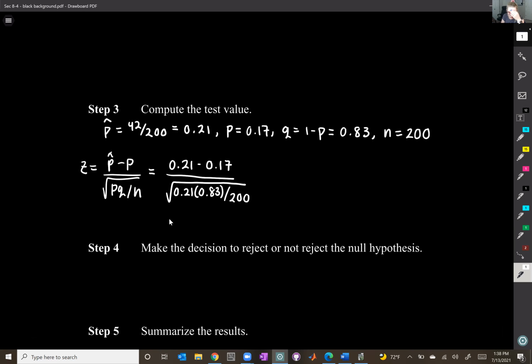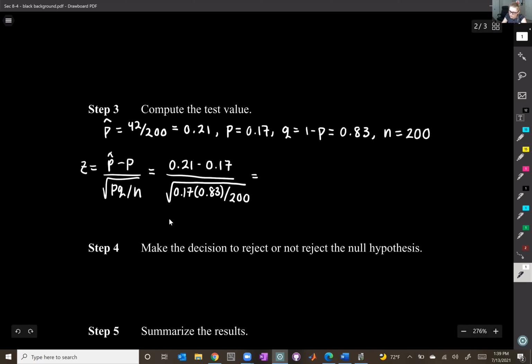Okay, I still got something. Oh my gosh, I wrote both of these down wrong. I'm so sorry. p times q is 0.17 times 0.83. Third time's the charm. Okay, cool.